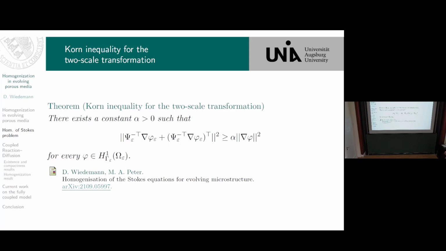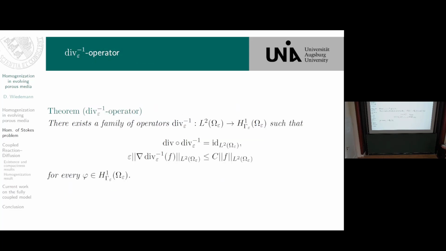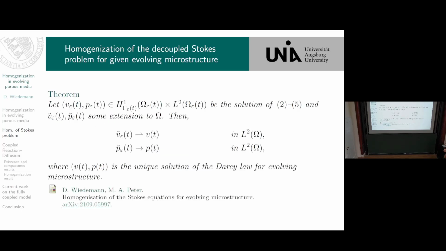And we also derived an inverse divergence operator, with suitable epsilon scaling here. And then we could derive these a priori estimates, and do the homogenization of the transformed problem, transform it back, and arrive at the end at this limit result.